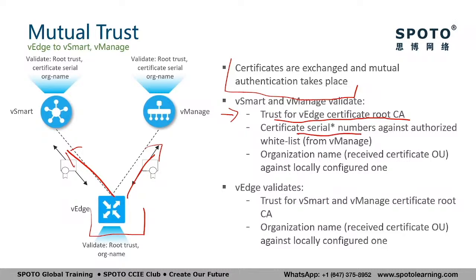Certificate serial number validated against the authorized whitelist from vManage. Organization name, right? Against the locally configured one. The second part, vEdge validates trust for the vSmart and vManage certificate root CA. Organization unit, organization name against the locally configured one. It's the same idea.